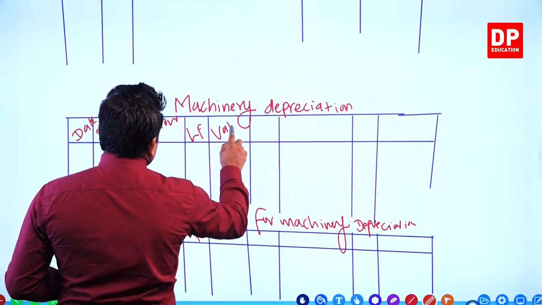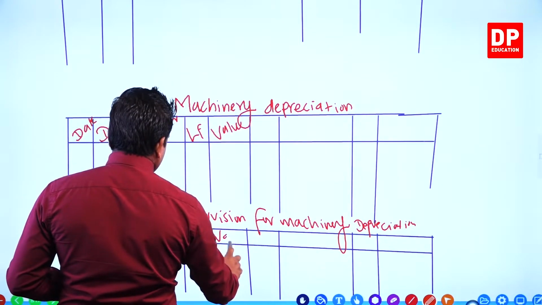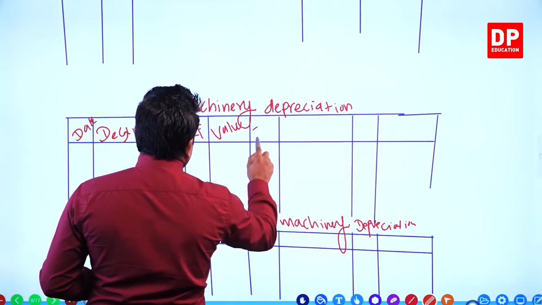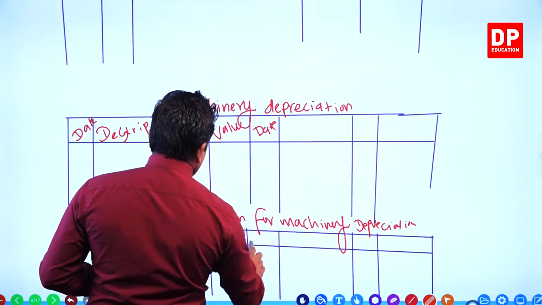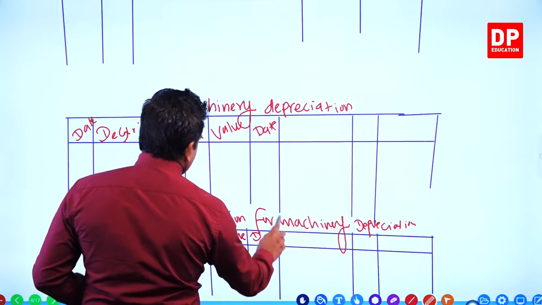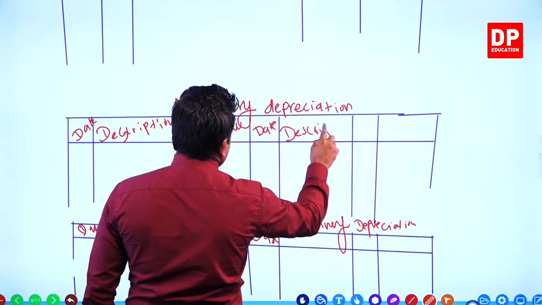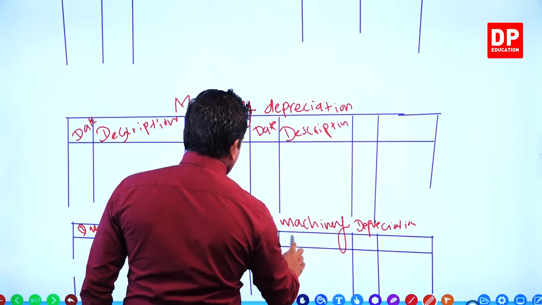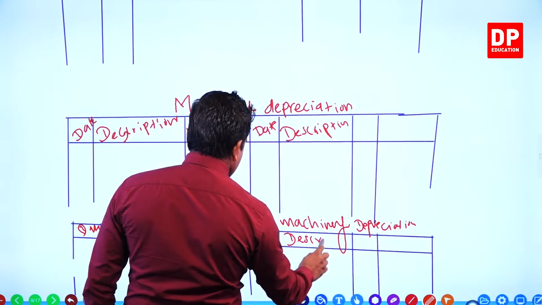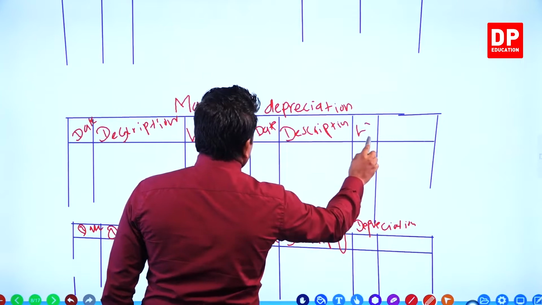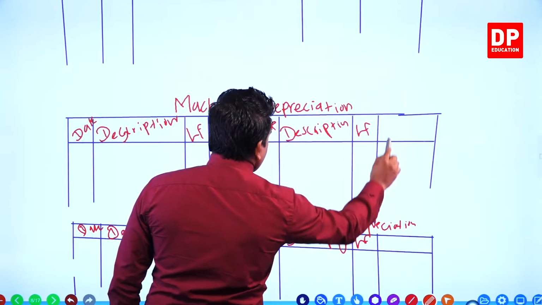Value. Date, here also date. Description, here description. Ledger folio, here ledger folio, value is value.